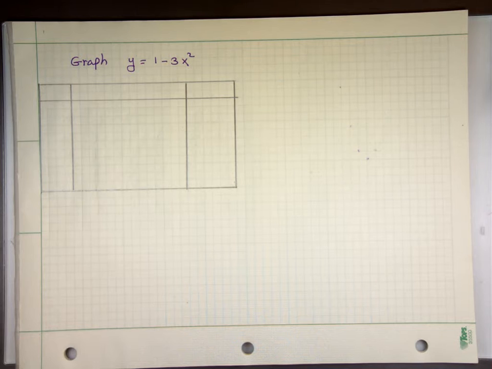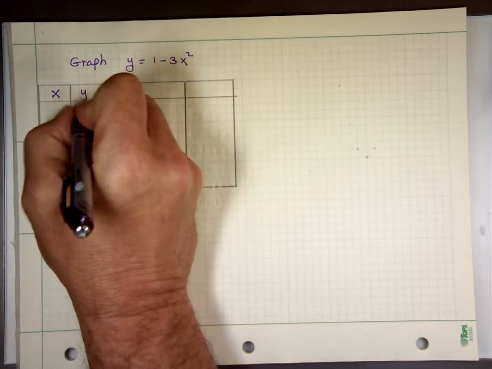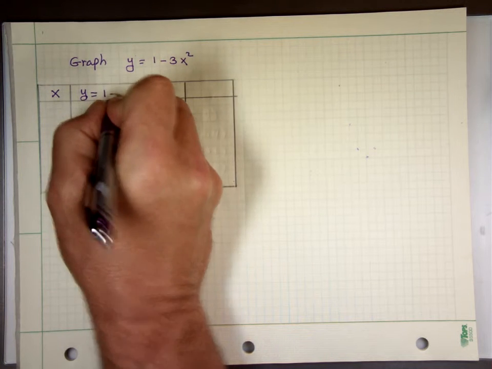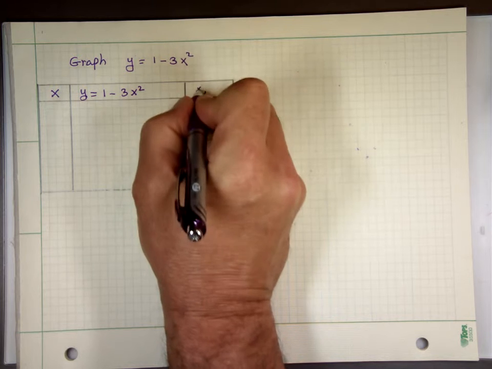So I'm going to choose values for x, and I'm going to find the y value by plugging them in this equation, and this is x comma y.